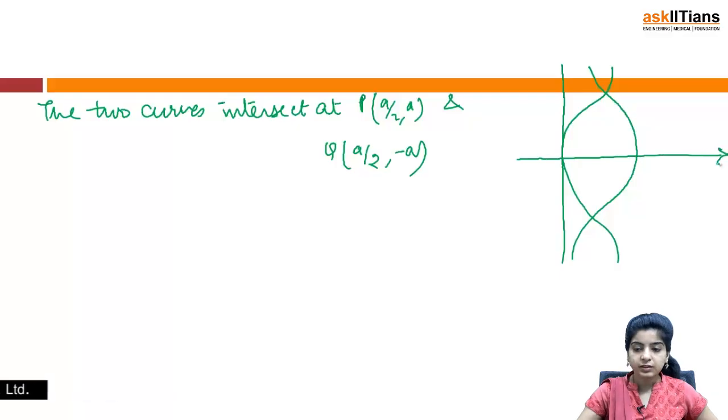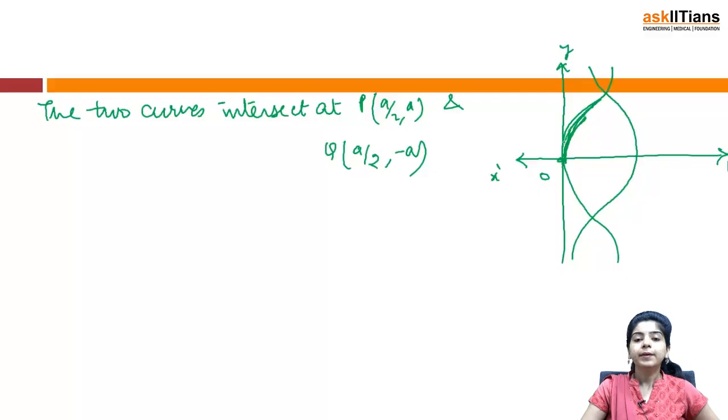This is my x axis, this is my y axis, this is my x dash, this is my origin, and moreover it will be somewhat like this. You'll have to draw the accurate graph. It will be like this, right? And we have also found out the points of intersection.